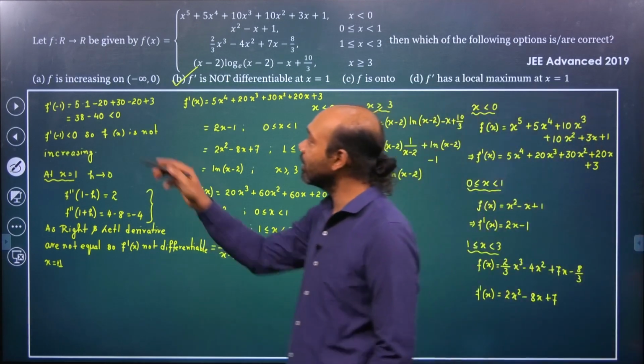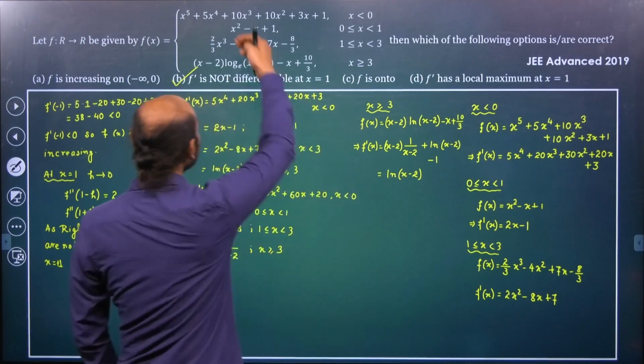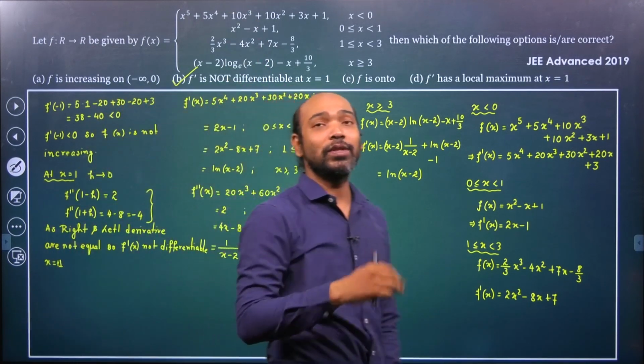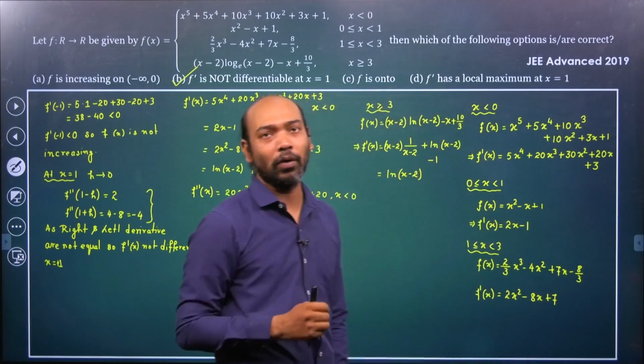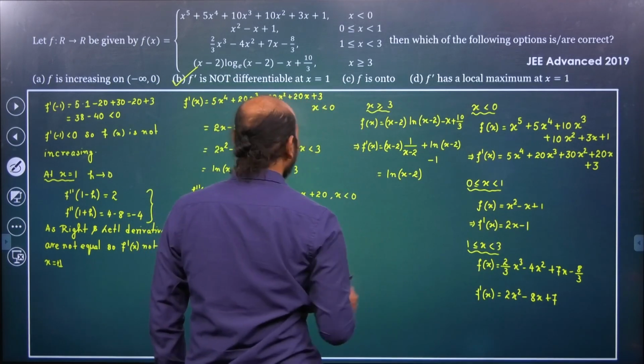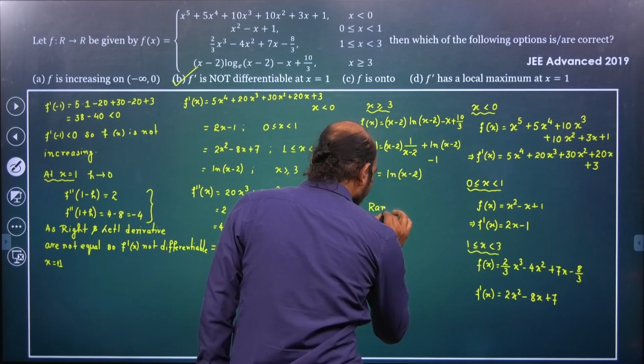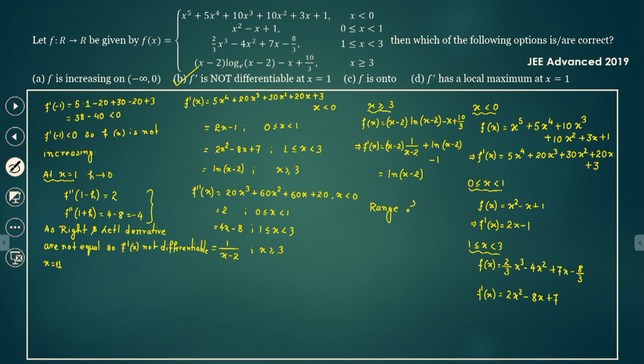Now here a function is given from R to R, and also see that in most cases it is a polynomial function, right? So therefore the range will definitely be R. So from that case we can write here as well that the range of f(x) is R. So the function f from R to R is onto.